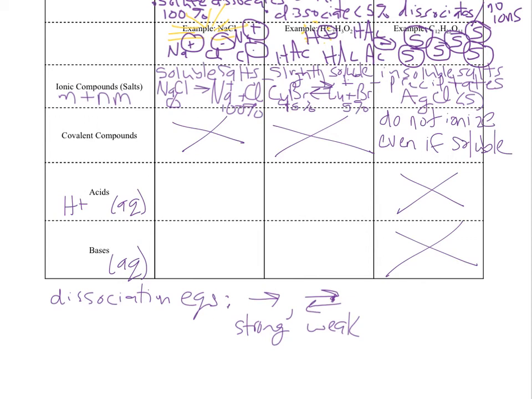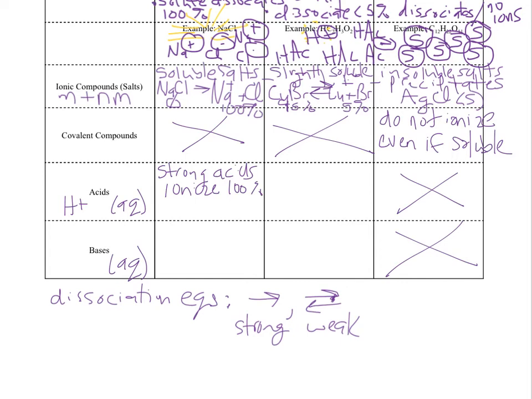So what are examples of strong and weak? A strong acid, and the definition of a strong acid is one that dissociates completely. So strong acids ionize 100%. Okay, this is the definition of a strong acid.